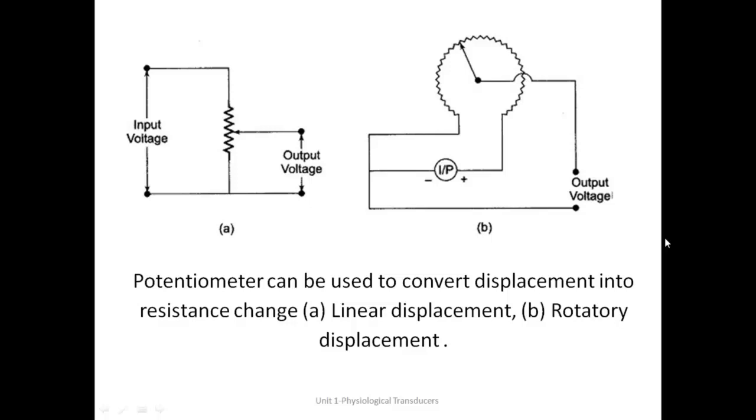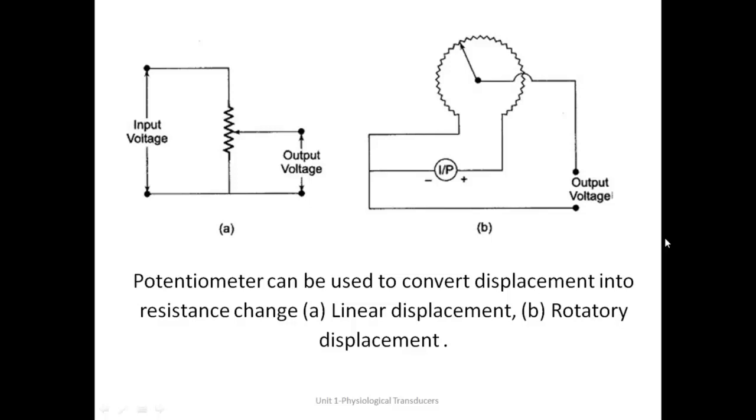In figure A, you can see we have a linear potentiometer. The resistive element that you see with a tapped arrow in the center is actually a linear potentiometer, and the tap that you see in the center can be moved up and down. So any linearly moving device in your circuit or in your field can be connected to this tap.